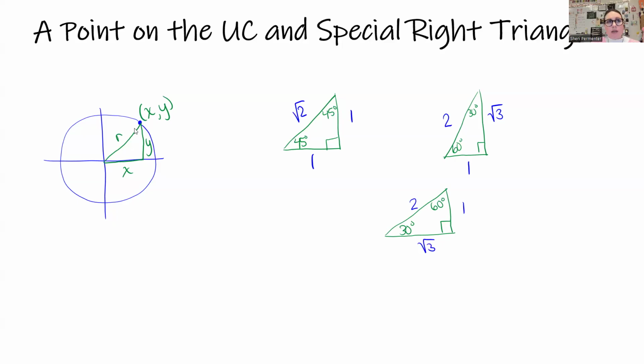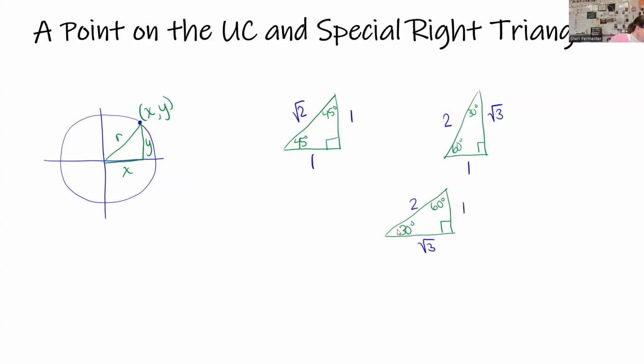So inside the unit circle, we have 45 degrees, we have 60 degrees, we have 30 degrees. Nod your head if you remember seeing these angles in that first quadrant. And then everything else after that are multiples of 30, 60, 90, 45, all the way around the unit circle.